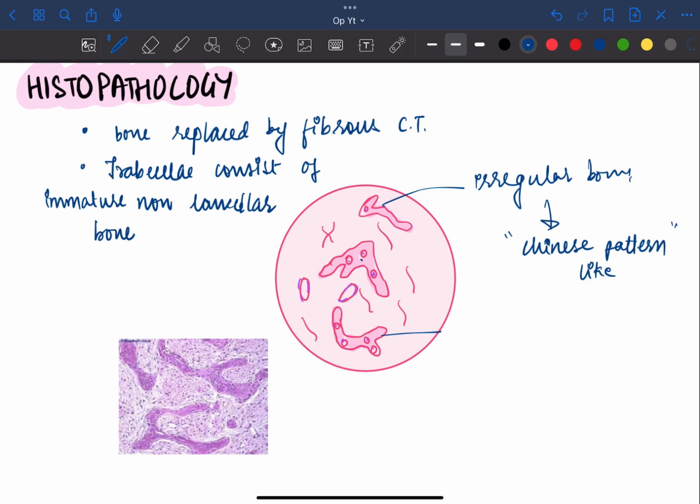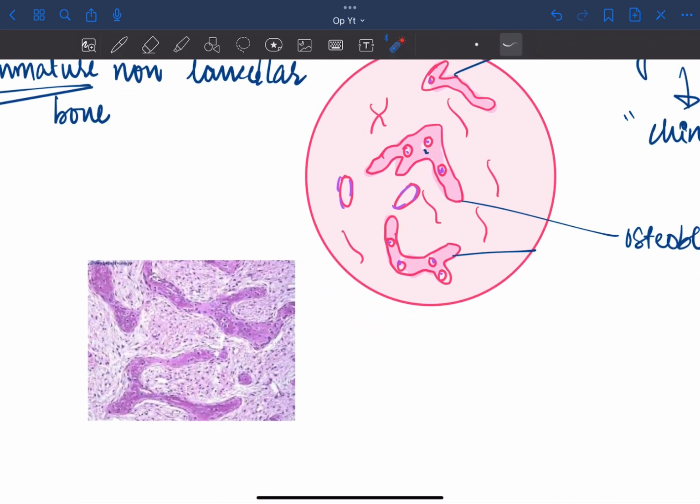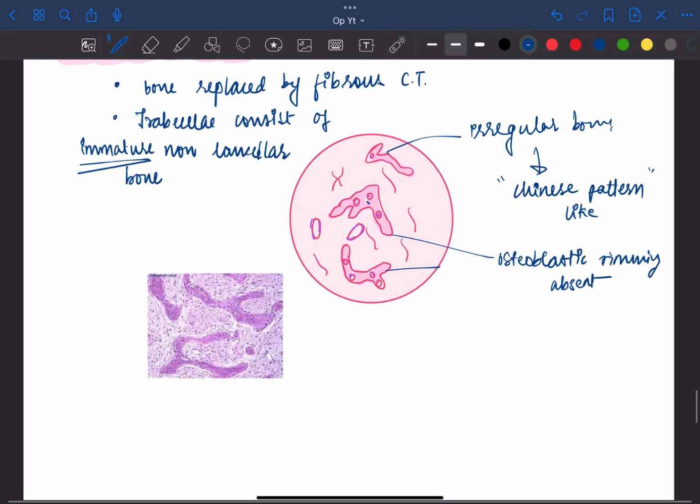That is, the bone inside these trabeculae is immature. Next important point is that the osteoblastic rimming is absent. Usually the bony trabeculae are lined by osteoblasts, but here the rimming is absent. You can also see the original H&E stain. These are the trabeculae which appear Chinese letter pattern like, and it is also called coastline of Maine.